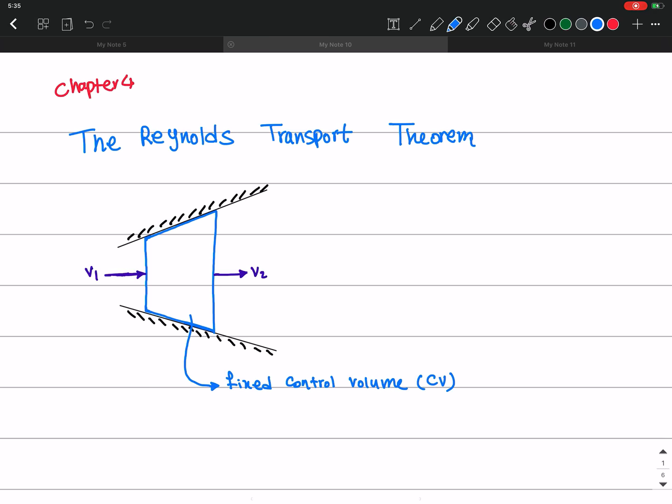Okay, and this is a volume in space, and it's steady, right?